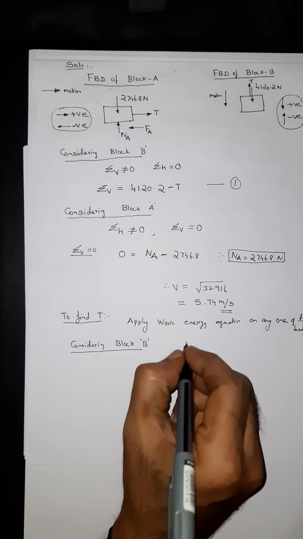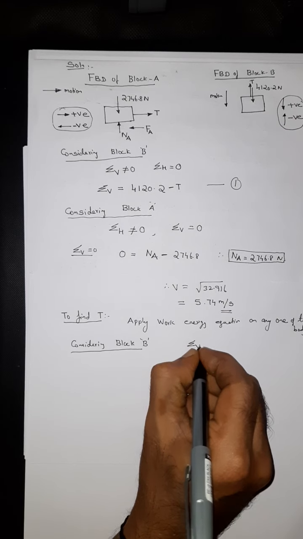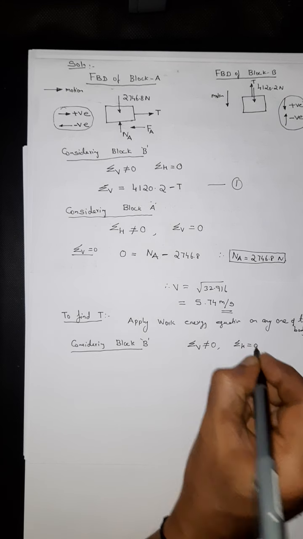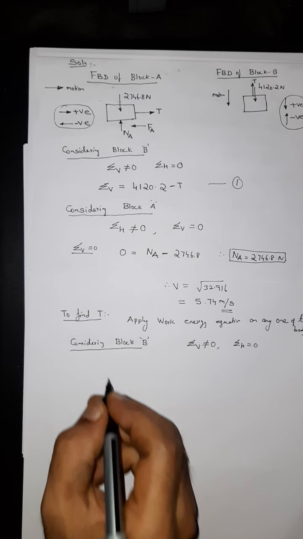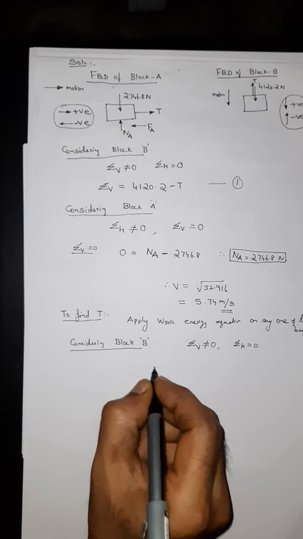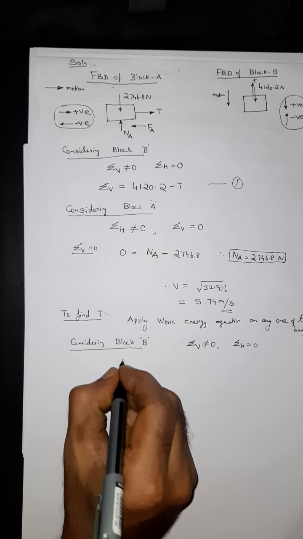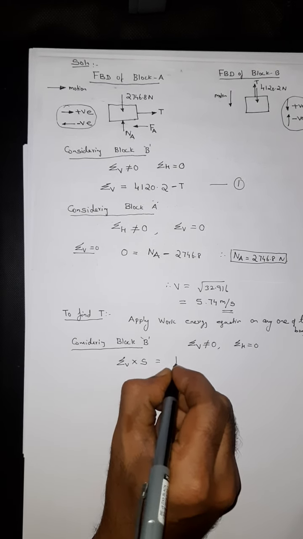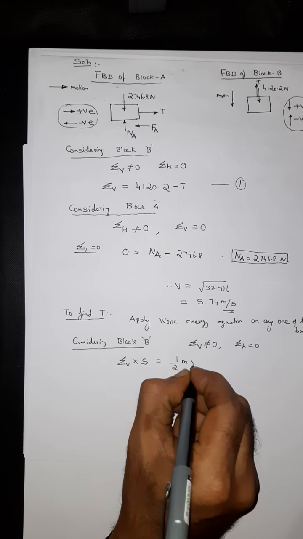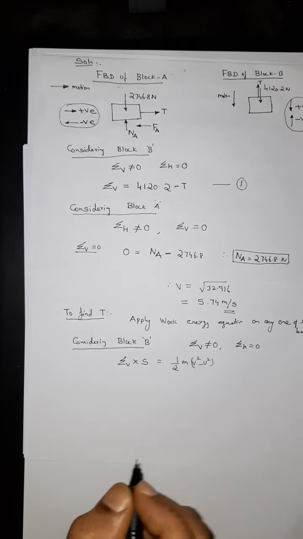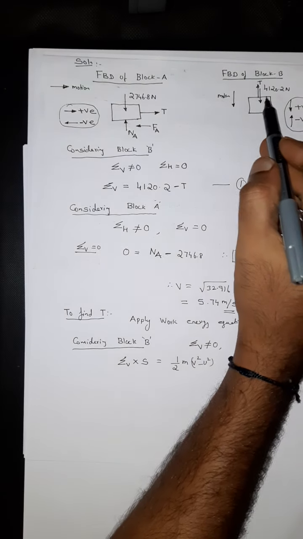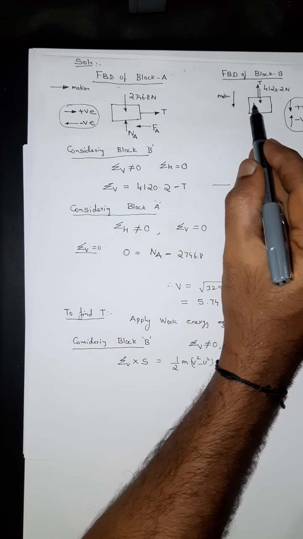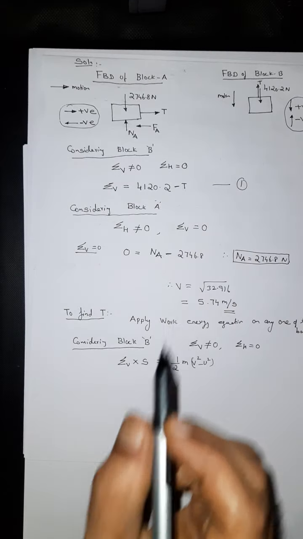here again the same case, because it's a vertical movement, summation V is not equal to 0, summation H equal to 0. So work energy principle, what it says, work done is equal to change in kinetic energy. So force, summation V, into displacement equal to half M V square minus U square. Summation V here, the body moves in the vertically downward direction, so which carries positive.